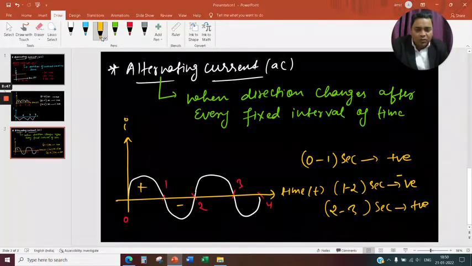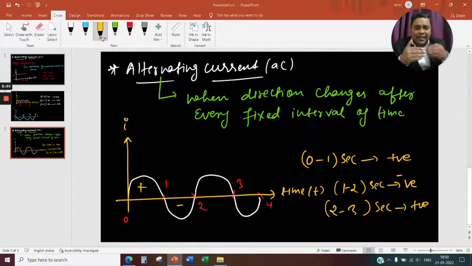And so on. Means after every 1 second, you can see the direction of current is going to change. That is the meaning of fixed interval of time. Here, the fixed interval of time is 1 second. After every 1 second, positive current become negative and negative current become positive. So that will be the example of alternating current.